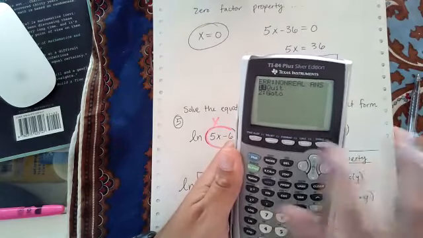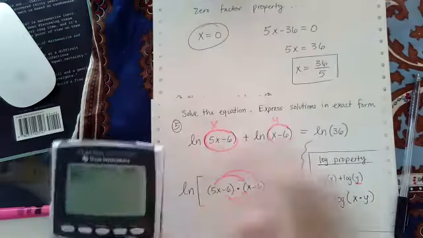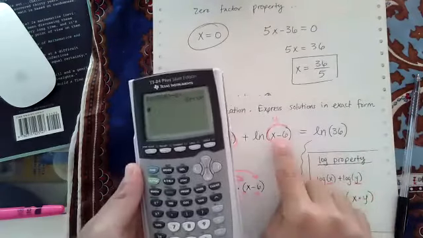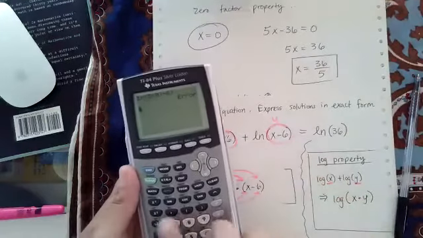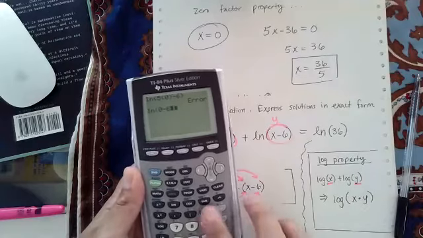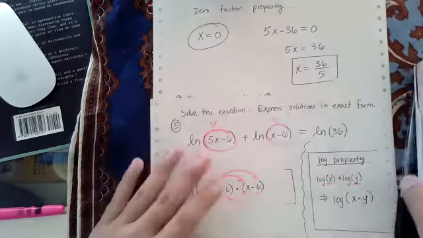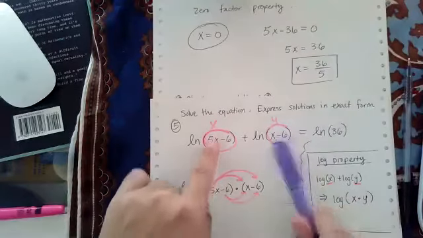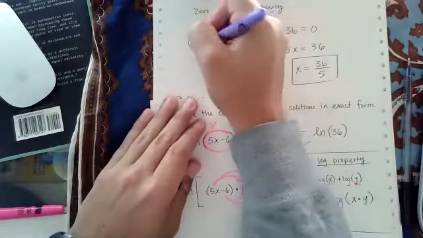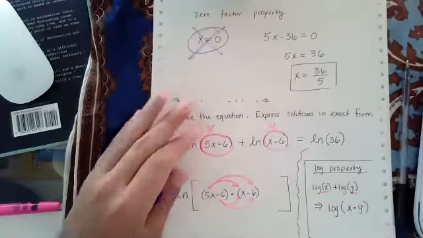So I have an error when I plug 0 into the first expression. That error tells me already that 0 is not a valid solution. But if you wanted to, you could check in the other expression too, right? So ln of 0 minus 6, another error. So right away, if we plug that solution into both of these, we get errors. As soon as you get a single error, you have to throw that solution away.